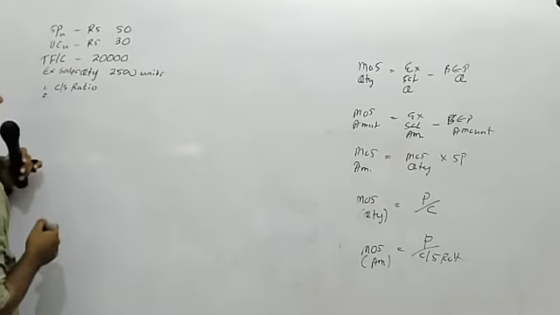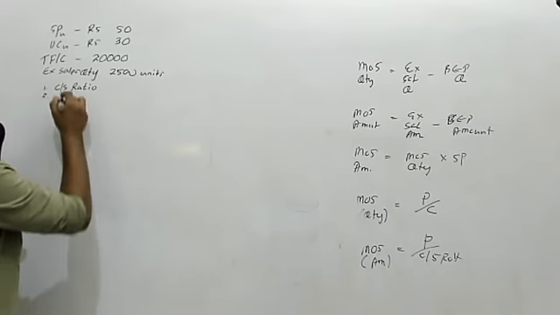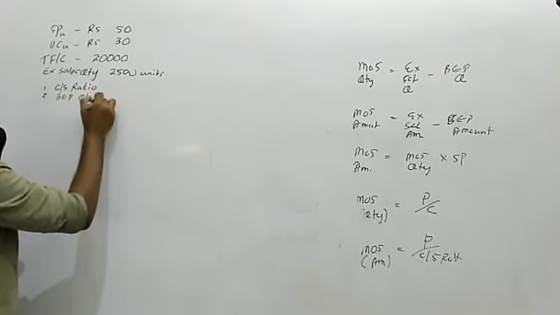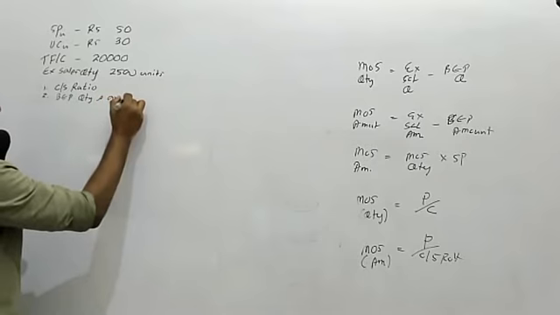Number 2, break even point quantity and amount.